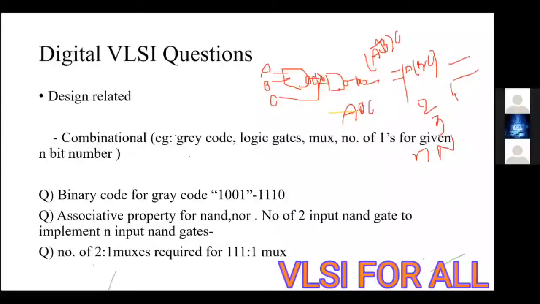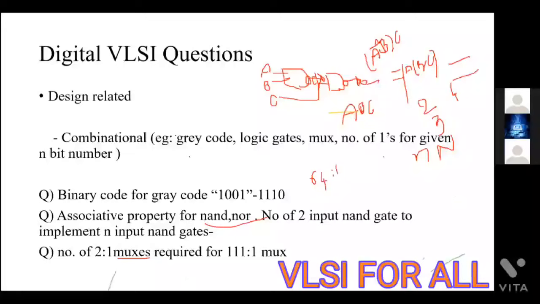Similarly, you are all aware that NAND gate and NOR gate are universal gates. In the same way, MUX is also a universal block, and any function can be implemented using this MUX. Everyone will be aware of how many MUX are required for implementing 64 is to 1 using 2 is to 1 MUX.